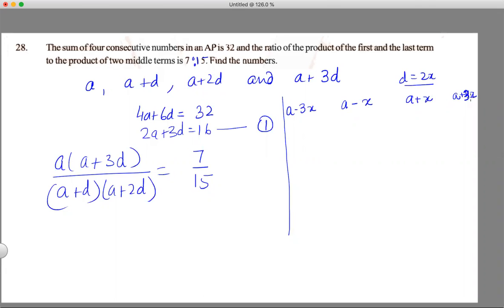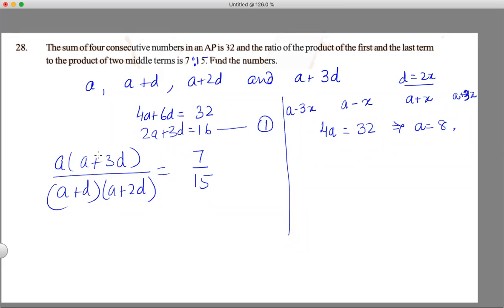अब अगर हम इस तरह से लिखेंगे तो इनका सम क्या बन जाएगा? सम बन जाएगा 4a is equal to 32. So we will get a is equal to 8 immediately, right? और जब हम ये वाला एक्सप्रेशन लिखेंगे तो उसमें केवल एक ही वेरिएबल होगा जो x होगा.